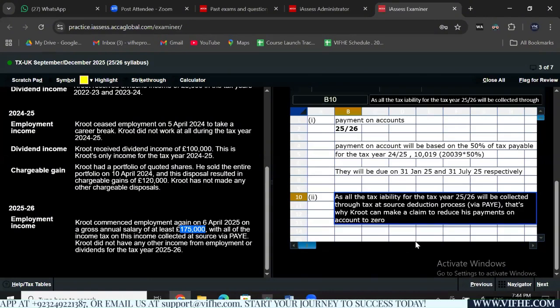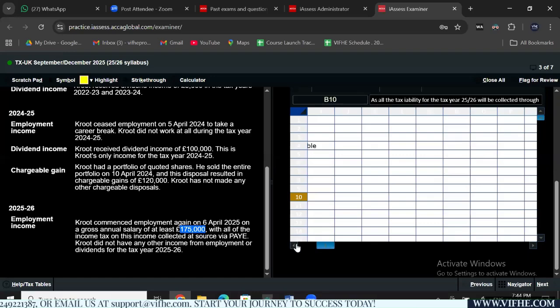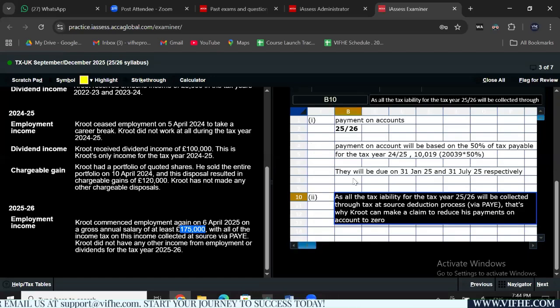I mean, he can simply avoid paying his first as well as second payment on account. Is this clear?